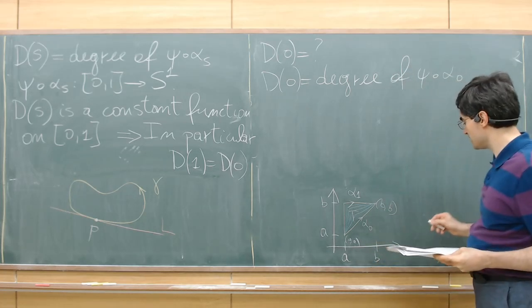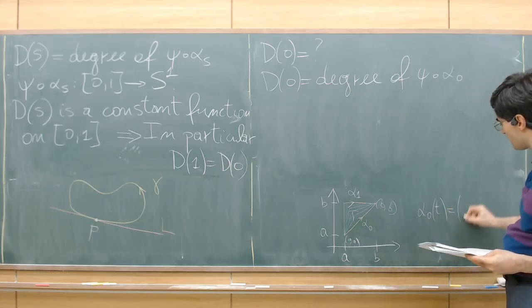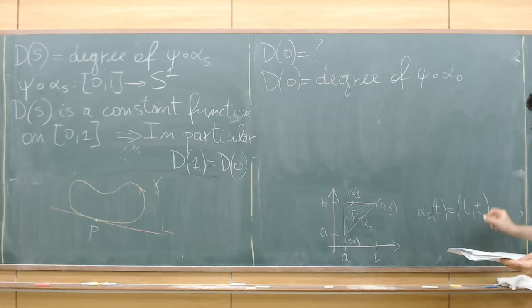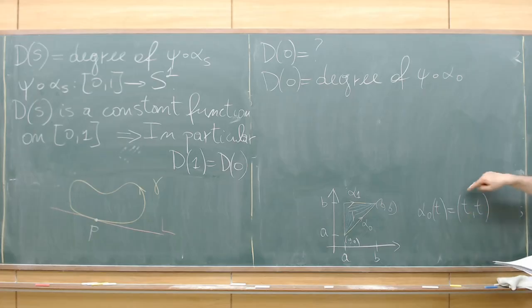So this parameterization is given by, for example, this is just an example, like this, with the first component function equal to the second one.